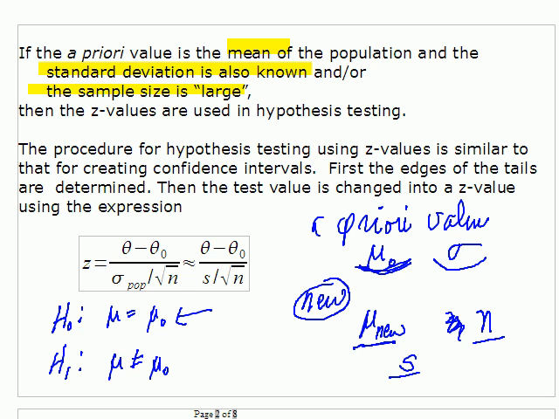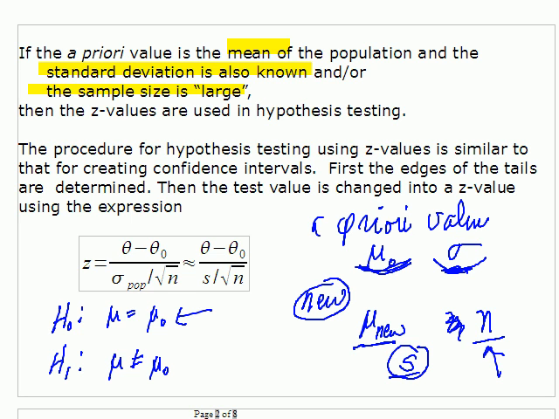Now in order to use that normal distribution, n has to be large, and we aren't going to go into what constitutes large, but n has to be large. In that case you can use this standard deviation as opposed to this one.